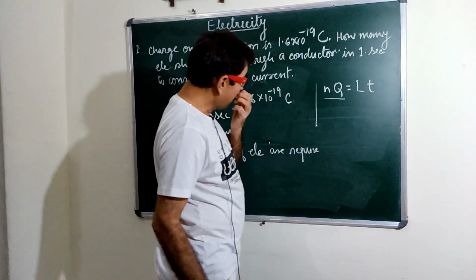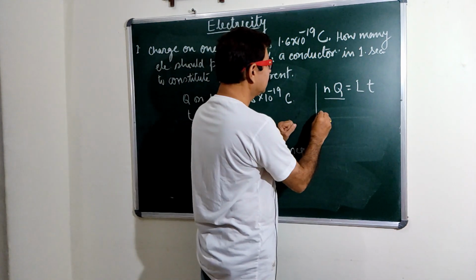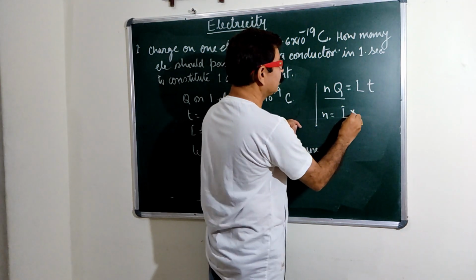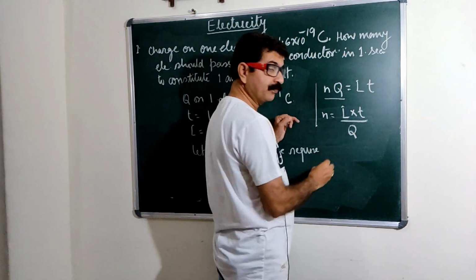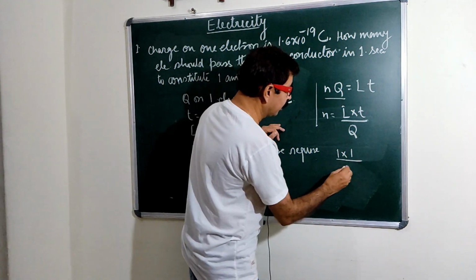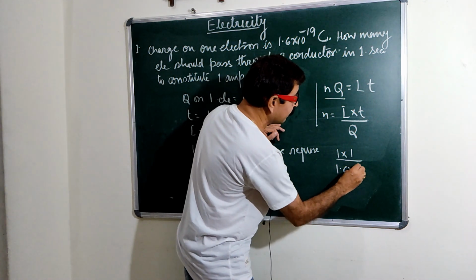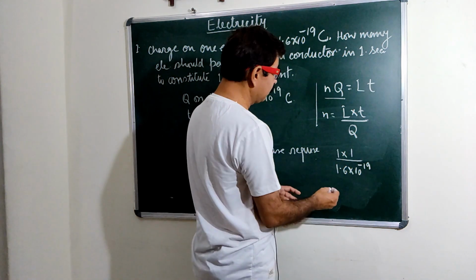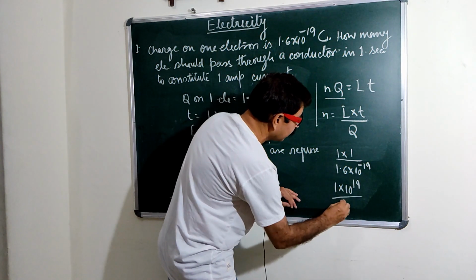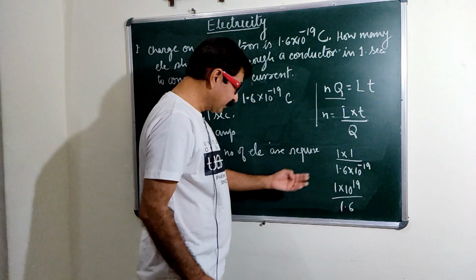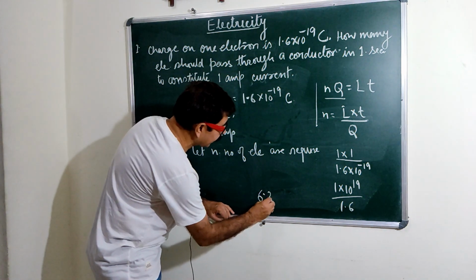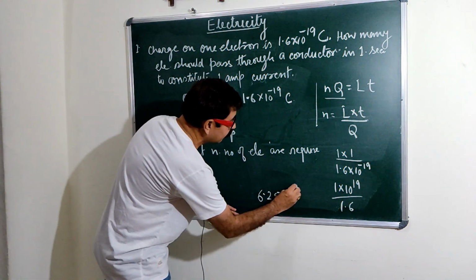If we find the value of n, n will be I into T upon Q. Solving, it is 1 into 1 upon 1.6 into 10 to the power minus 19. Further solving, we get 1 into 10 to the power 19 upon 1.6, and solving this value we get the answer, 6.25 into 10 to the power 18.